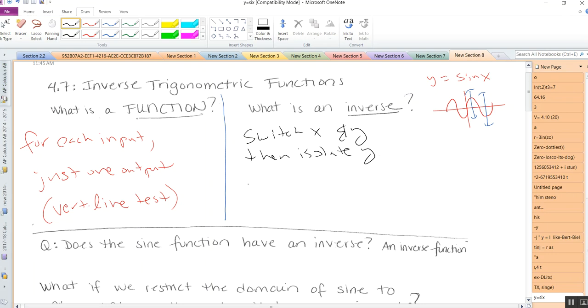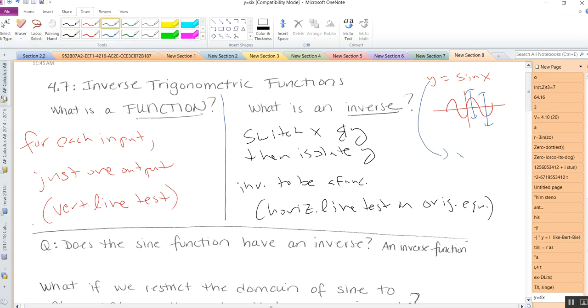And now, in order for an inverse to be a function, you need to do the horizontal line test on the original equation. So let's take a look at y equals sine x. Now, if you were to switch x and y, of course you have this. And in order to get y by itself, you have to do something called the inverse sine function, which is going to be the main topic for this video lesson.